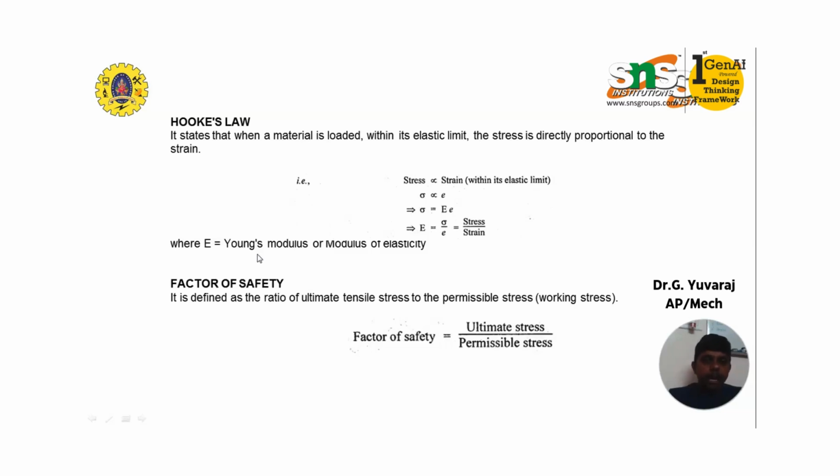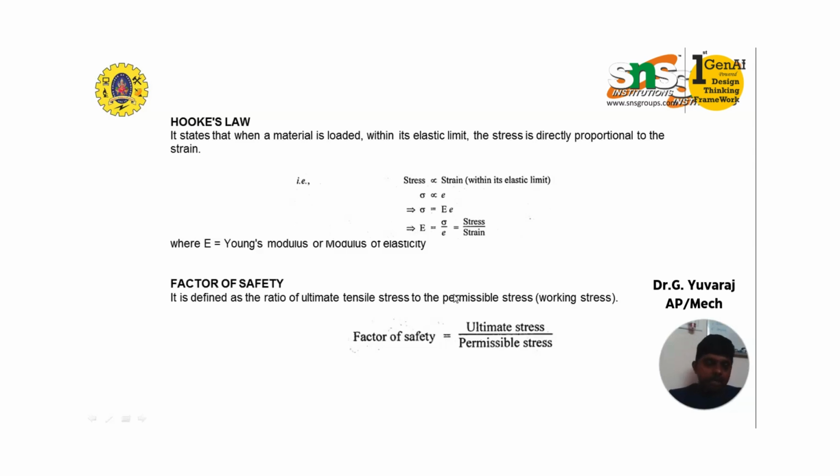When we take the factor of safety, it is the ratio of ultimate tensile stress to the permissible stress. This is the basic thing.